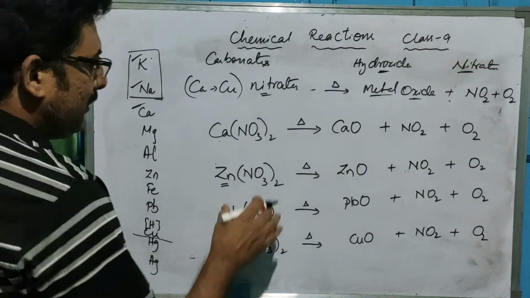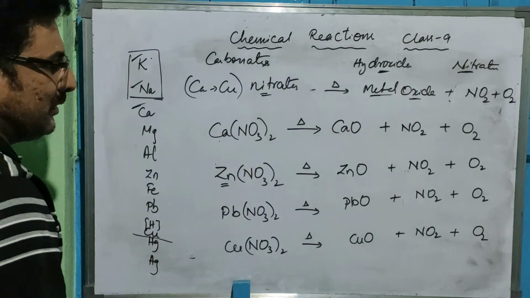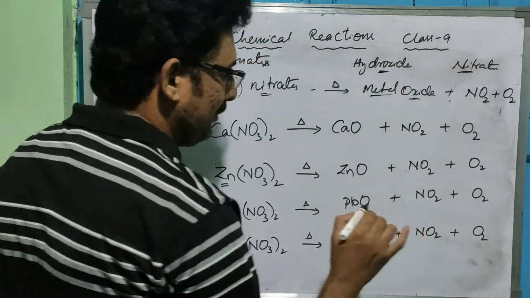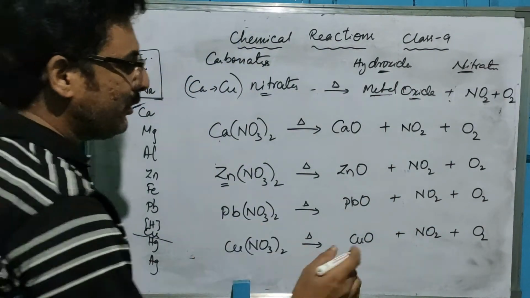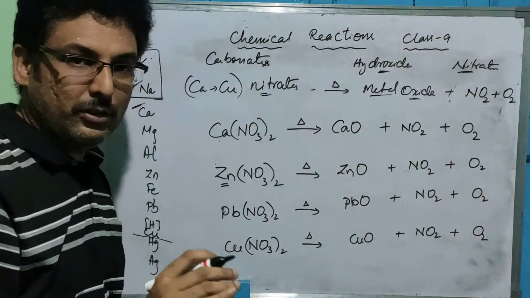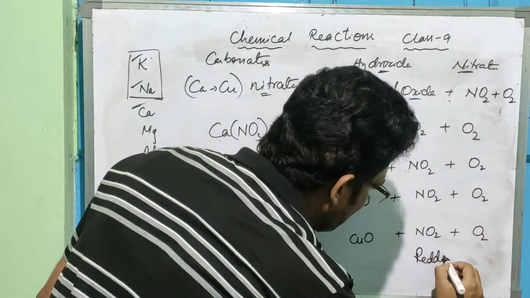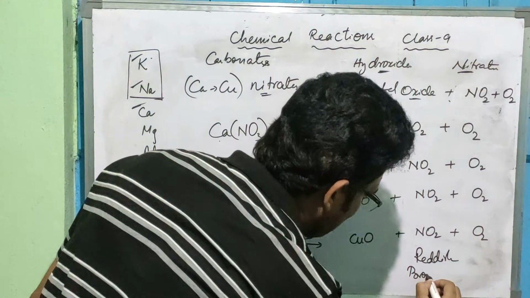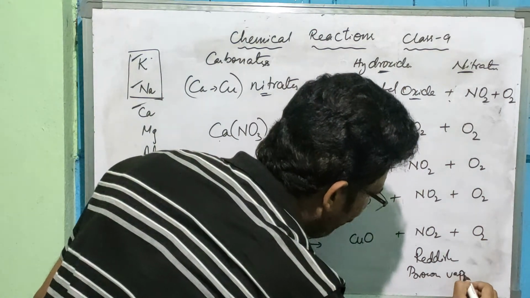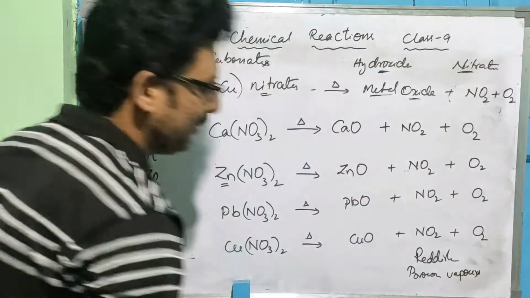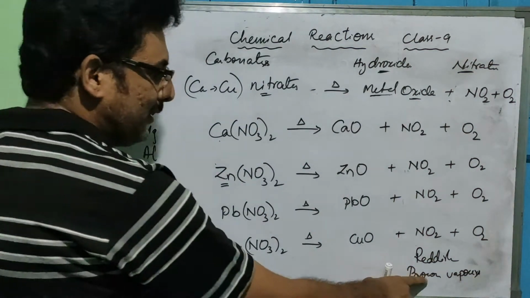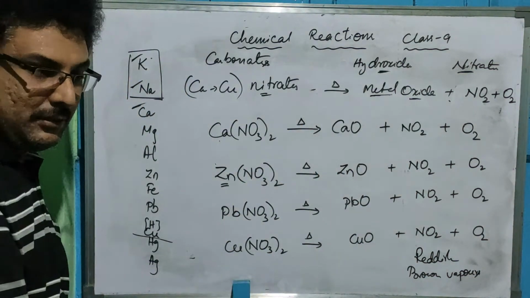In all these reactions, NO2 is the common product. Whenever nitrogen dioxide gas is released, you will see its reddish brown vapors. That will be the observation for these reactions.